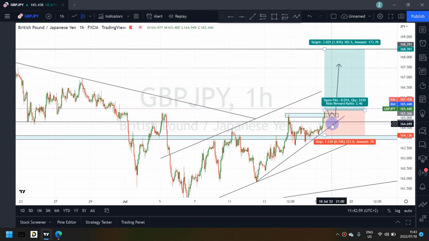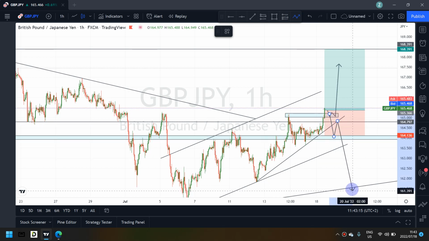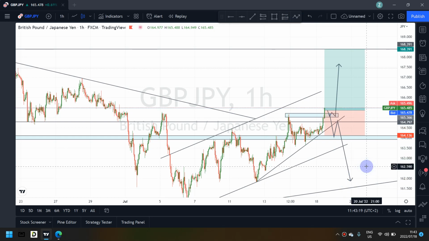And on this GBPJPY pair, I'm only catering for buying opportunities, but I know that even if the market doesn't buy, this would be a selling opportunity that I would cater for.